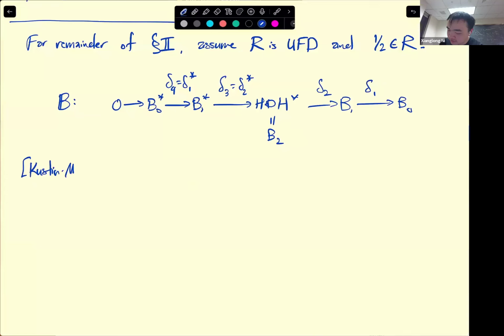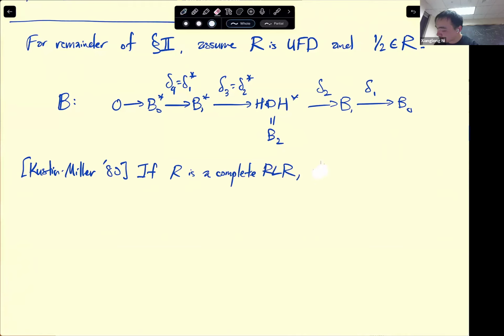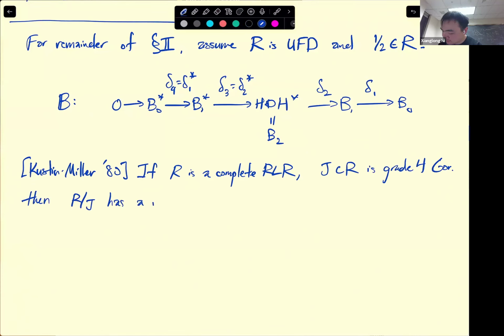Custon-Miller, AD: if R is a complete regular local ring, and J in R is grade 4 Gorenstein, then R mod J has a resolution of the form B.